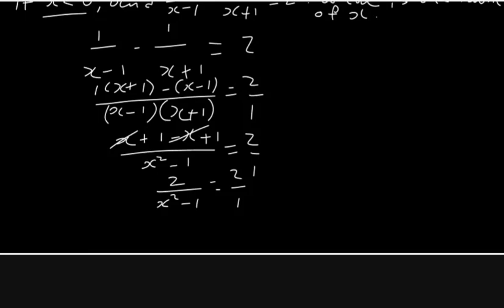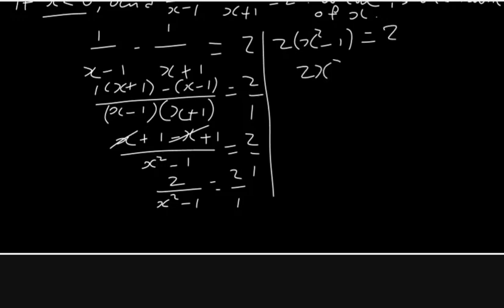We have 2 into x squared minus 1, which gives 2x squared minus 2, equal to 2.